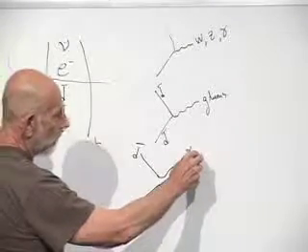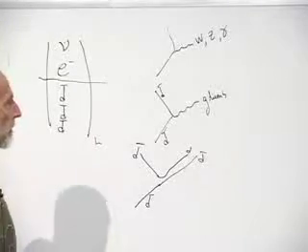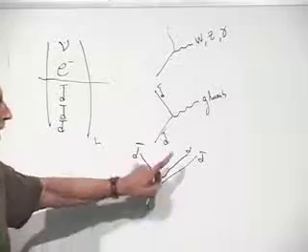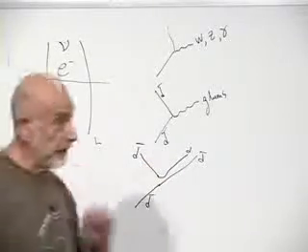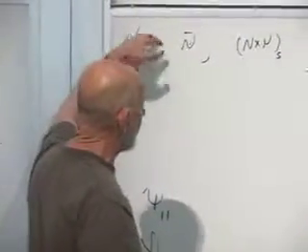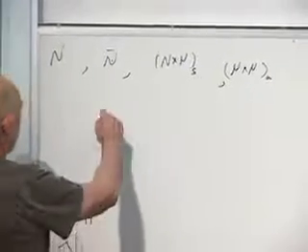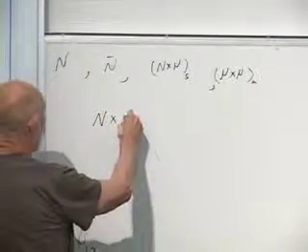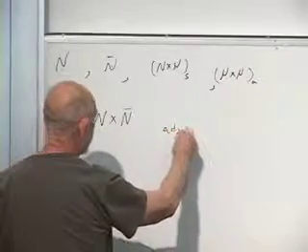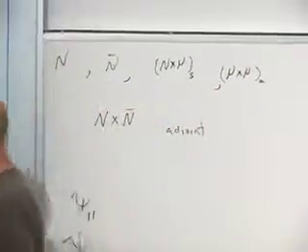So the quantum numbers of the gluon are those of a particle and an antiparticle. With respect to SU3, they belong to N cross N bar, the adjoint, the N squared minus 1 members of the adjoint.